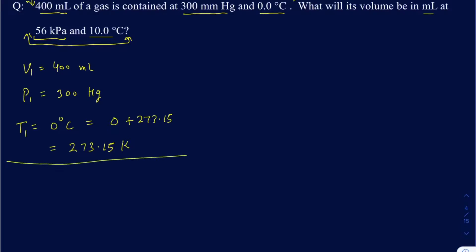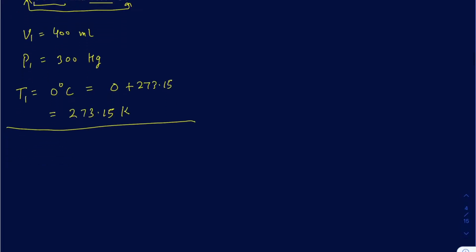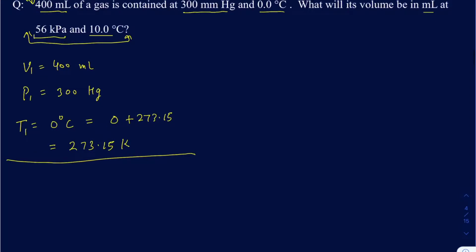Now your second set will look like this. V2 is what we're trying to figure out. Your P2 is actually 56 kilopascals. And if it's a kilo, what does that mean? It's 56 times 1,000, so it's going to be 56,000 pascals, because kilo is a prefix that means 1,000.